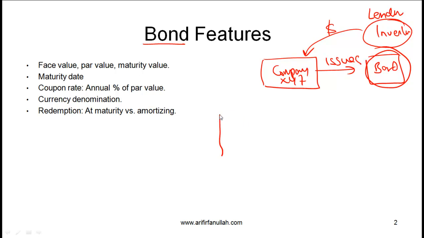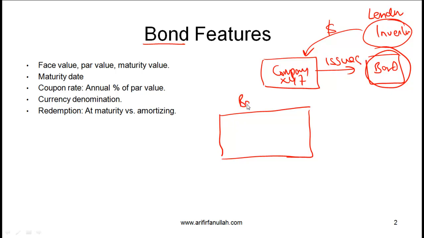So you can think of this bond as a piece of paper which has been essentially issued by the company to the investor or sold by the company for a price. That price is the money that the investor has given the company or lent to the company.